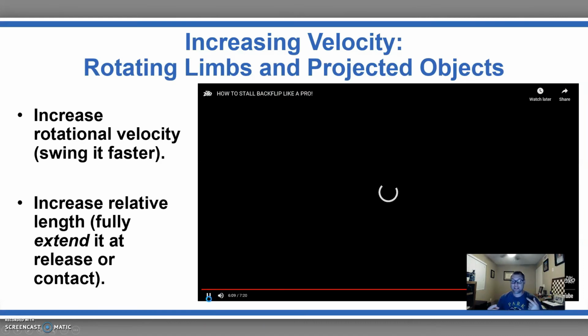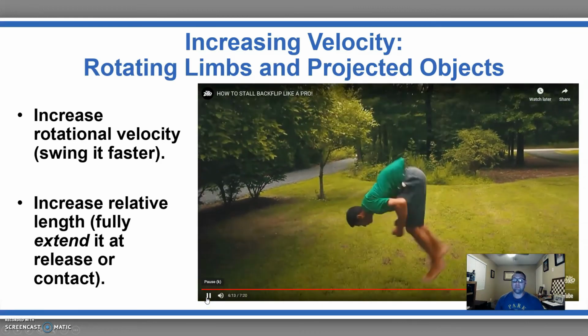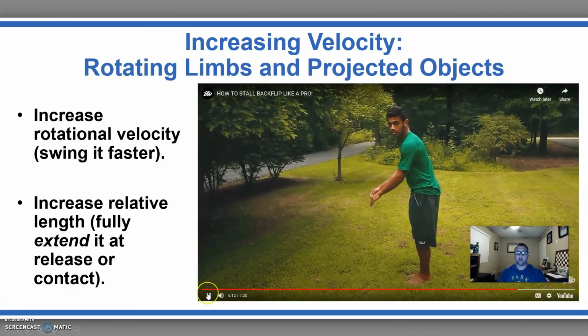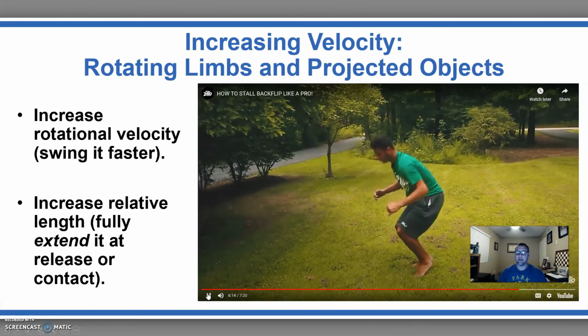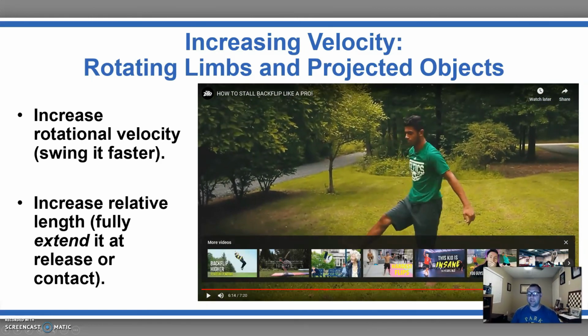But as soon as he tucks his legs in, he speeds up. And all this is really showing you is this whole equal and opposite forces. When I tuck my legs in, I speed up. So that is how you get the whole equal and opposite forces.